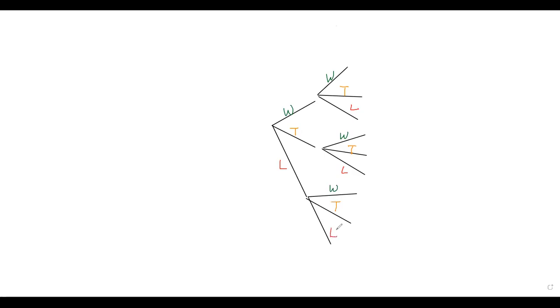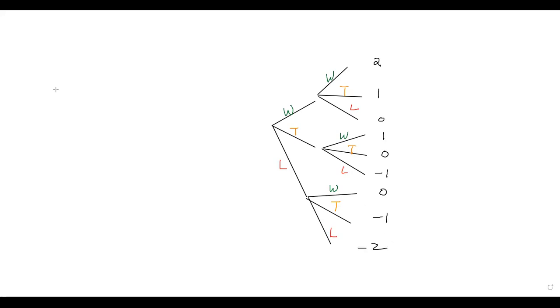So if win-win, you get how many? You got 2 points, right? So win tie, you got 1 point. Win loss, you get what? 0, right? Tie and win, you get 1. Tie tie, you get 0. Tie lose, you get -1. Lose win, you get 0. Lose tie, you get -1. Lose lose, you get what? -2.